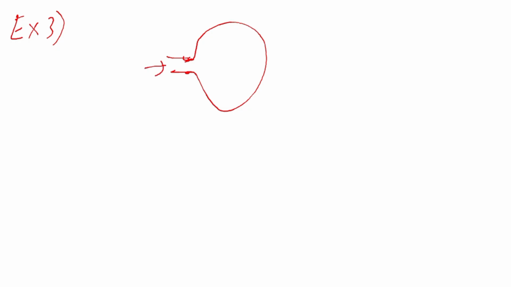So you have the density of air coming in at a certain velocity v1. You know the inlet size of this, which is given as area 1. And this is getting into this balloon.